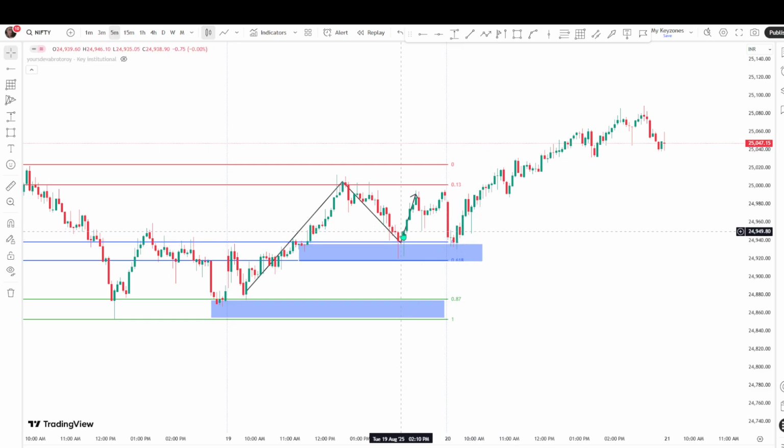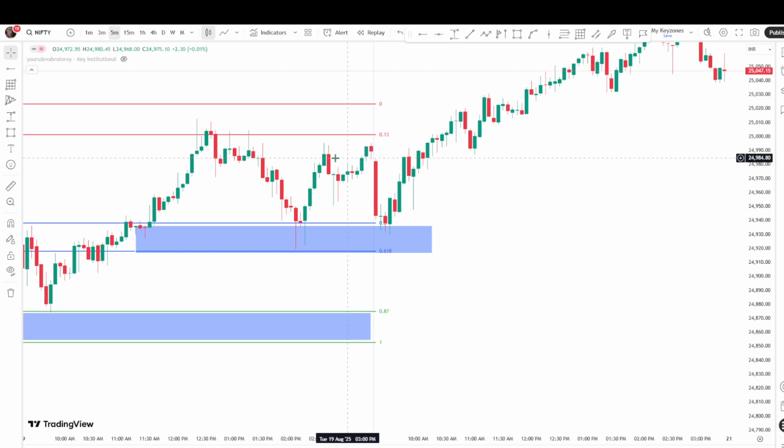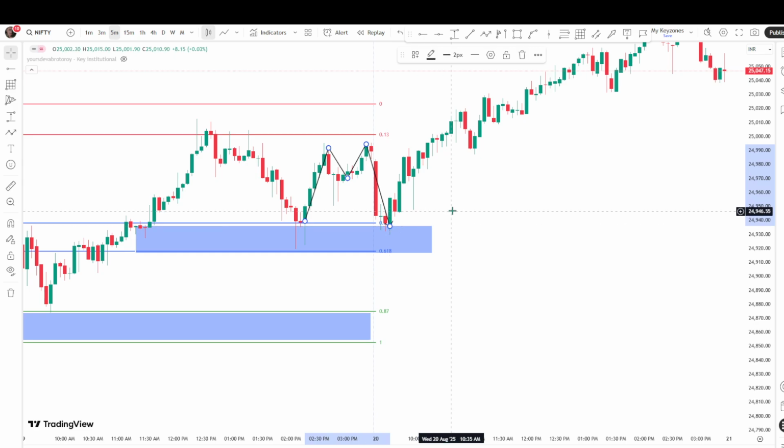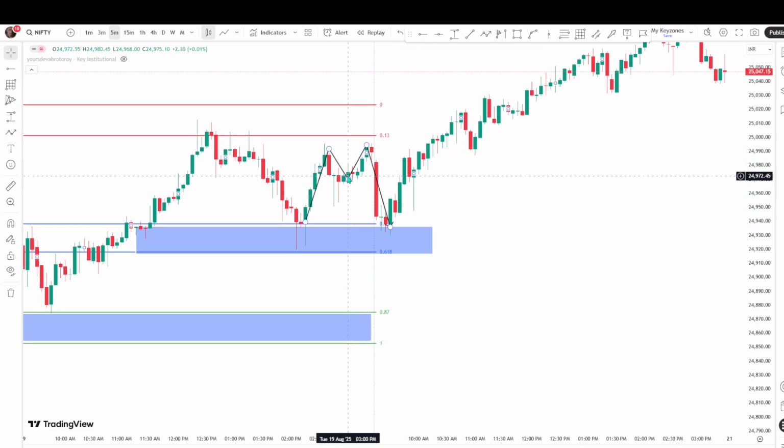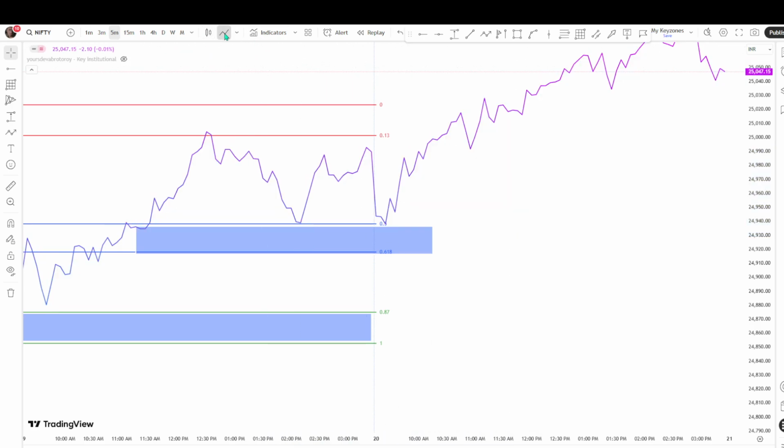Now if I remove this, in the smaller time frame this looks to me like a double top pattern. If I remove this for a while and add lines to it, it looks similar.